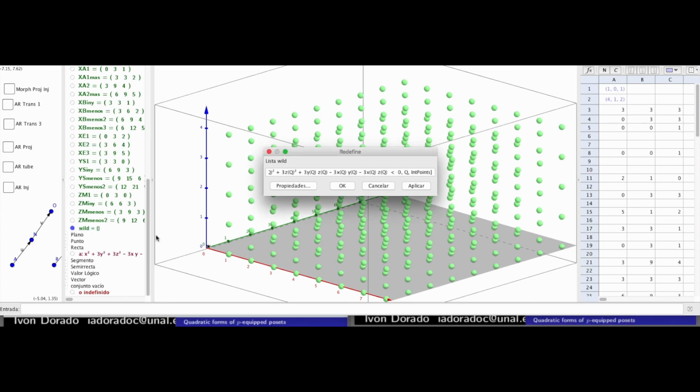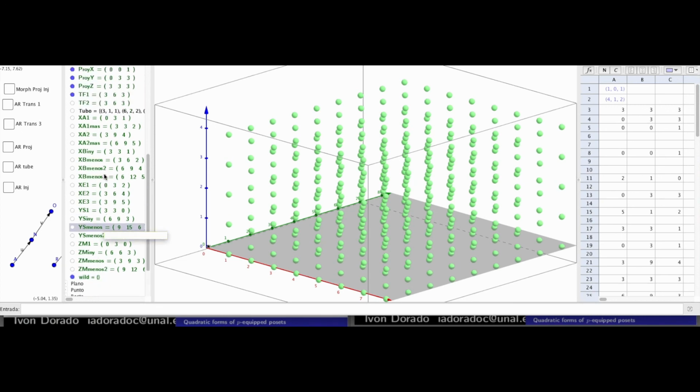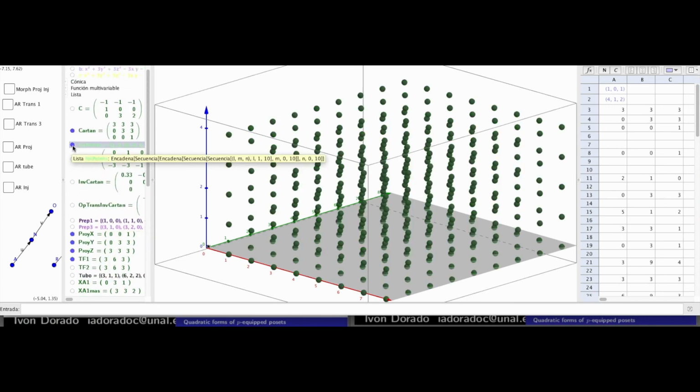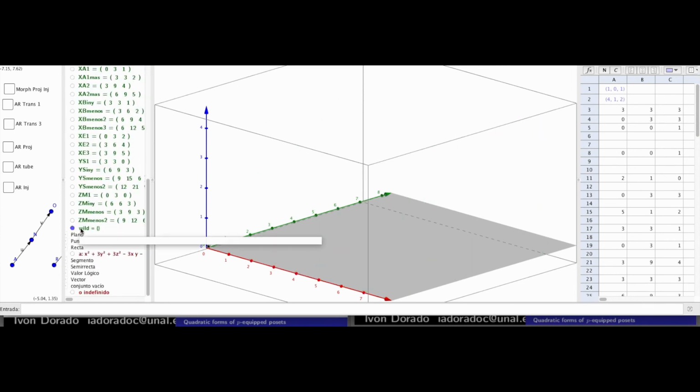Then we are constructing another list here which is empty, but let me hide the first list. Yes, now this list is empty, so the poset is not wild.